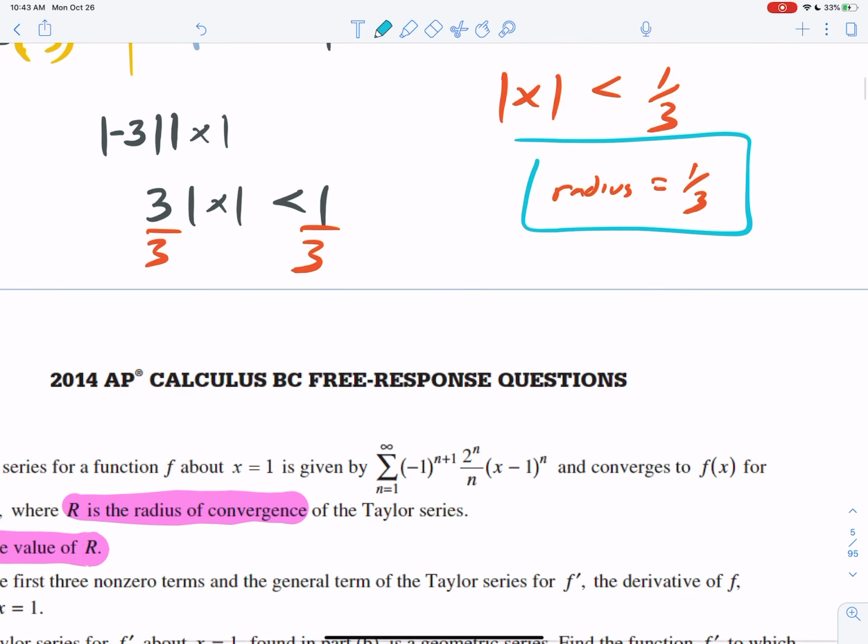So what this is saying is you're centered at 0 with the radius of 1/3. So you're going 1/3 to the right and 1/3 to the left. Okay? Whenever it's just the absolute value of x, it's centered at 0. Okay?